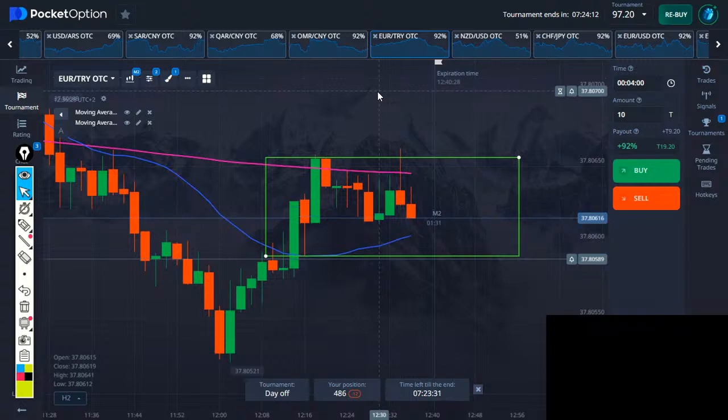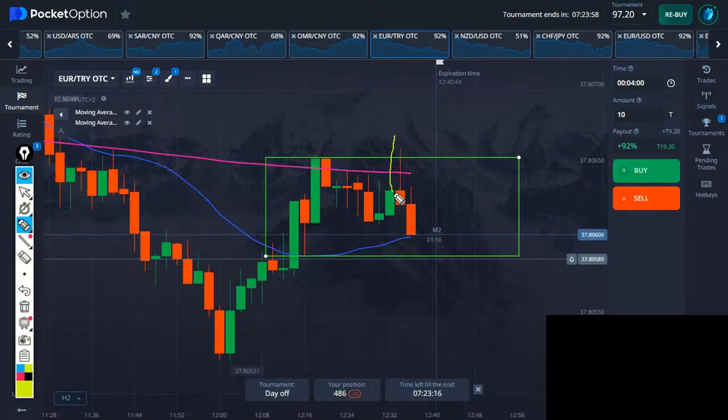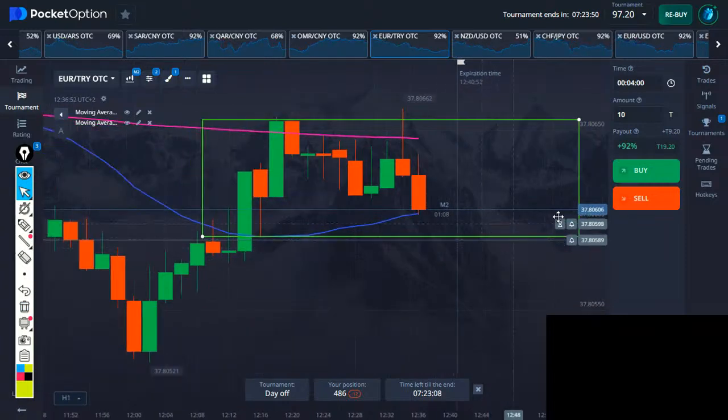I'll do some testing on binary options to see if we can take higher expiry times, more than 4 to 6 minutes. I'm testing it. However, what I like about this situation, see, this is a very strong seller's momentum, followed by a bearish engulfing bar. We can easily take a sell trade here.